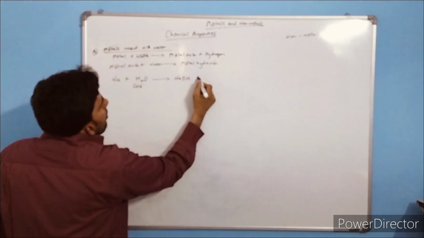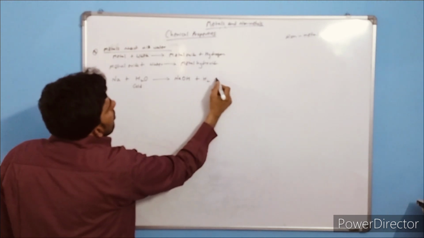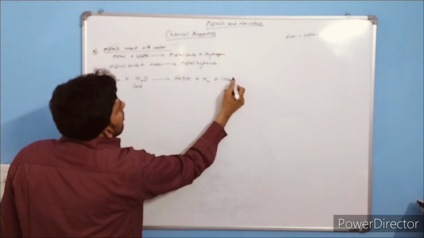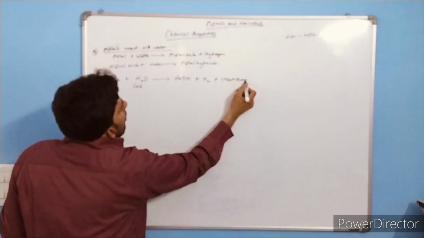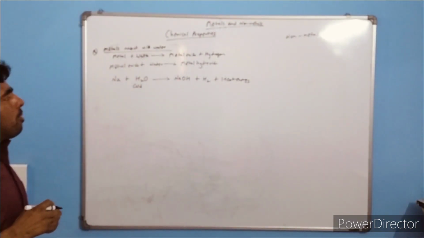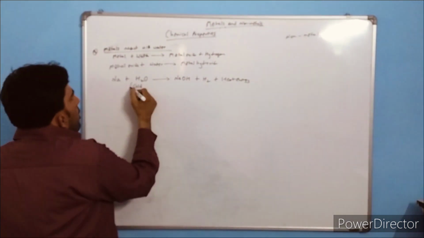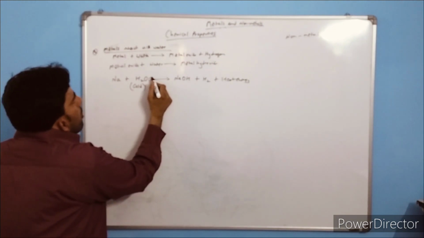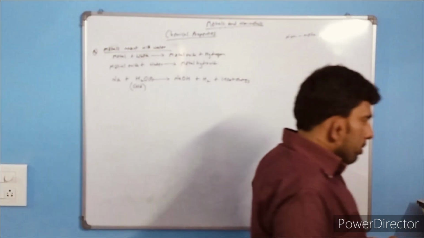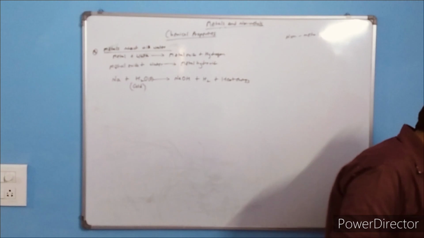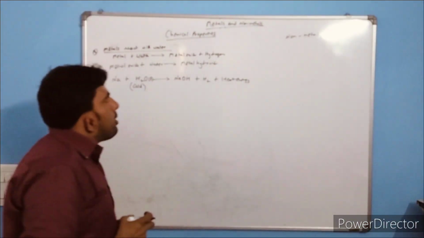Sodium hydroxide plus hydrogen plus heat energy. When sodium reacts with cold water, it will form hydroxide plus hydrogen, plus a lot of heat energy is released.